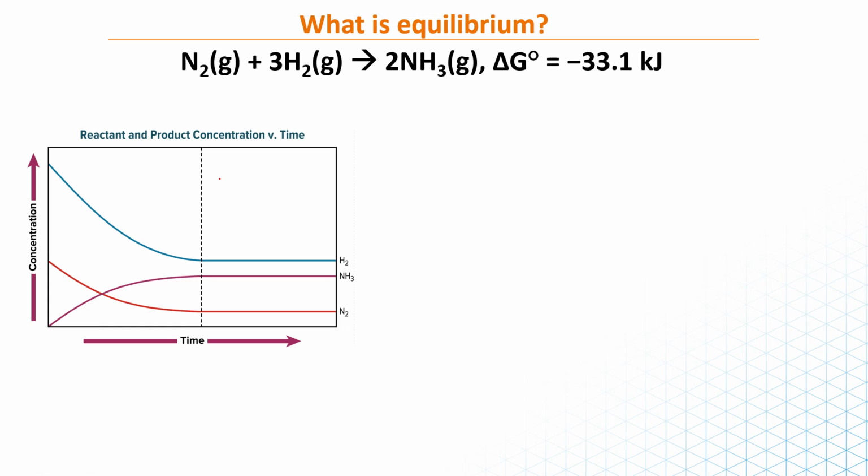Okay, remember this photo or this image or this graph. The concentrations of the reactants are not equal to the product. مش متساويين. But they are not zero. يعني reactants هني are not zero.